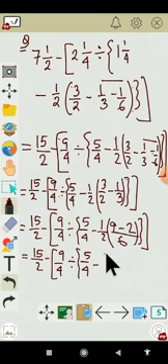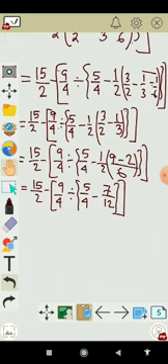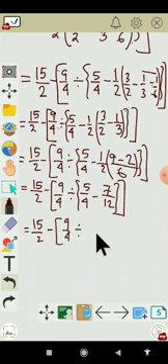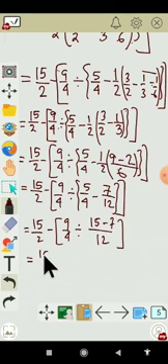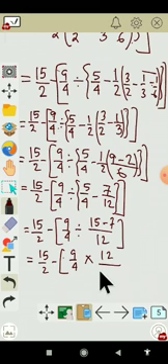Then 15 by 2, 9 by 4, 12, so 15 minus 7, so 15 by 2, and this will be 9 by 4 into 12 by 8.